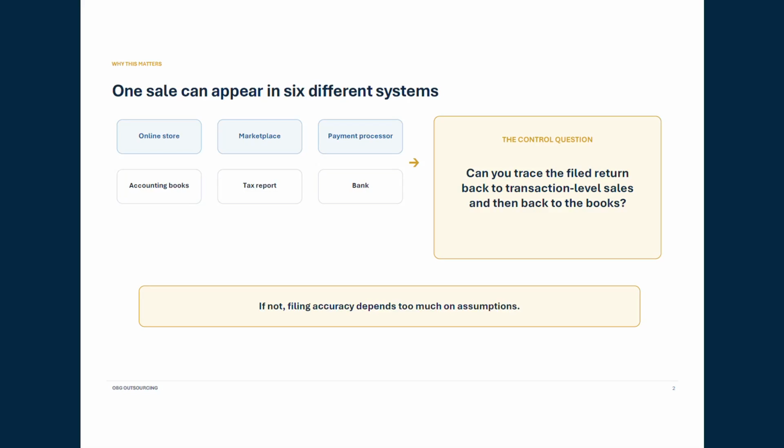A useful question for every finance manager is, can I trace the number on the state return back to transaction level sales and then back to the books? If not, the process depends on assumptions.